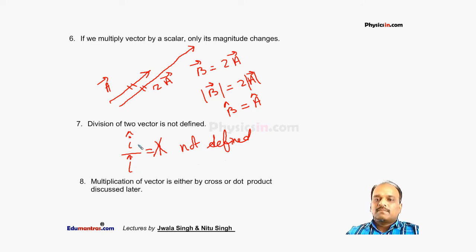So I cap by I cap is not defined, or vector A divided by vector B is also not defined, never exist. Multiplication of vectors is either by cross product or by dot product, which we will discuss later. The vector multiplication is defined as A dot B or A cross B, and these two products are totally different.